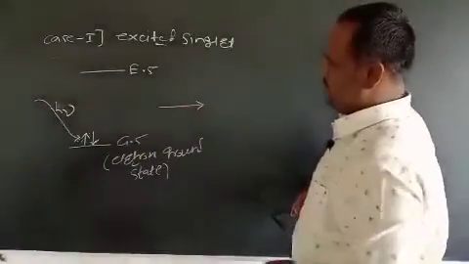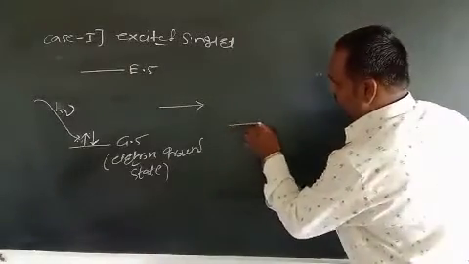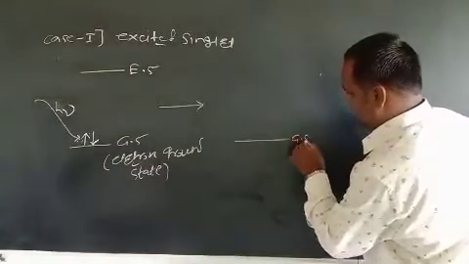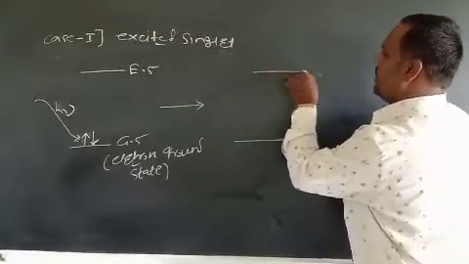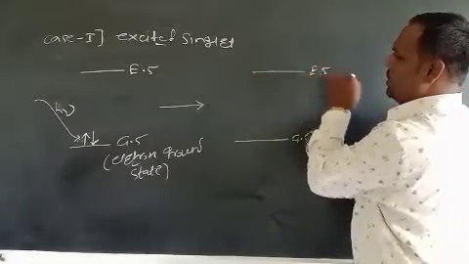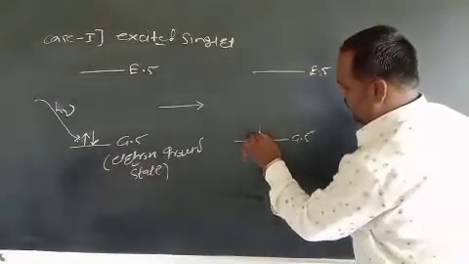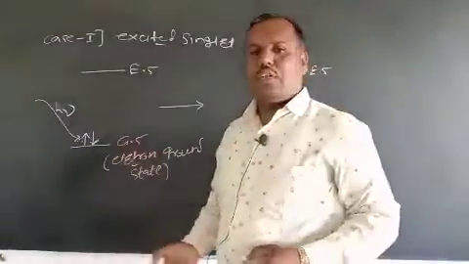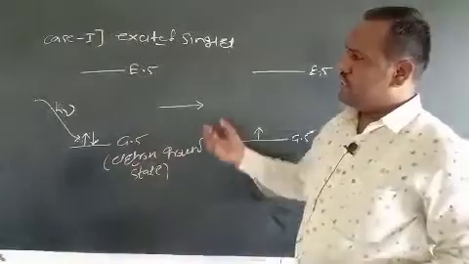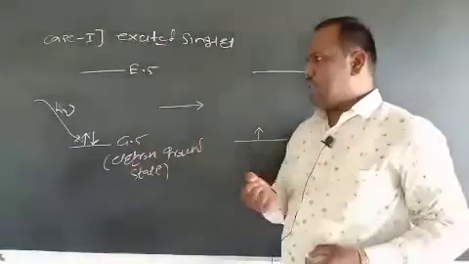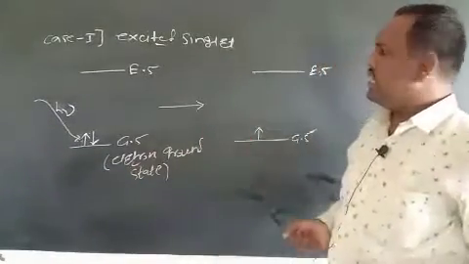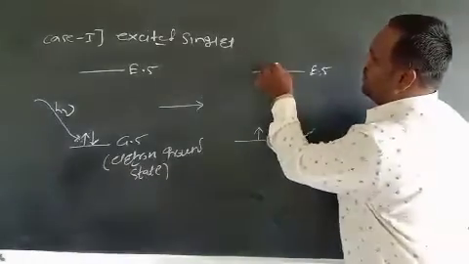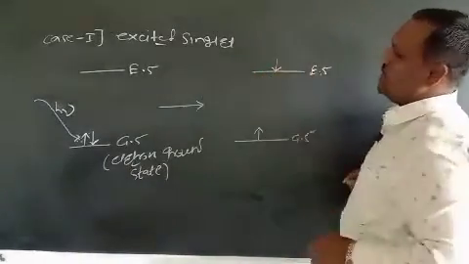In case first, this is your ground state and this is your excited state. One electron remains in the ground state while another electron absorbs the energy quantum, by absorbing the light radiation, and goes into the excited state with no change in spin.